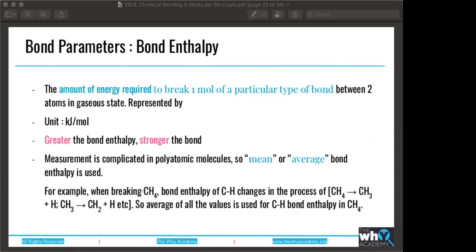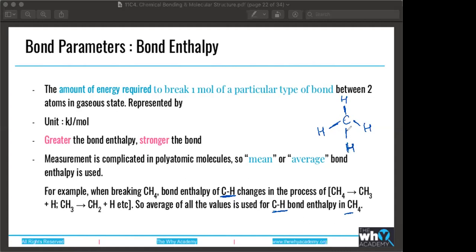Same thing in the case of methane here. While breaking CH4, the bond enthalpy of the individual CH bonds changes in the process of removing each hydrogen one at a time. So the average of all of these values is used for the CH bond enthalpy in CH4. Initially, when CH4 is a compound, all these bonds are equivalent, because one, all of them are single bonds, and two, they're all bonds between the same atoms, carbon and hydrogen.